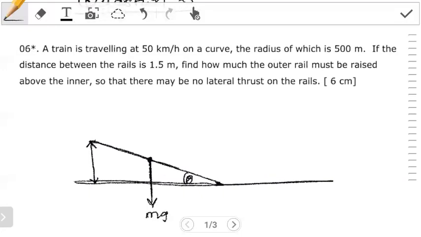Now next thing, we want to also show where the normal force is. The normal force is going to be perpendicular to the plane. So it's going to be somewhere there. Okay, so this is our normal force to the surface. Now next up, I'm just going to extend this force.